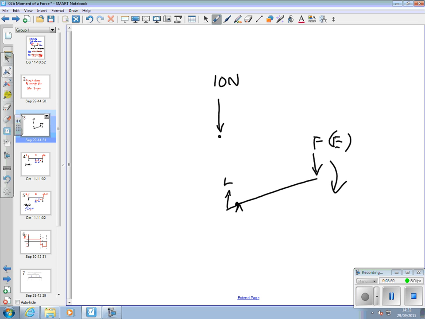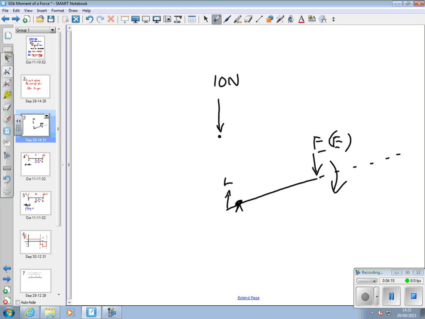I have an effort here that I'm applying. Okay? And I'm sure you've come across this idea before, this sort of machine idea. And the longer the lever, the more effective the thing is. So the effect of the force is to do with not only the size of the force, but also how far we are away from a pivot point. So moments are to do with when we're trying to allow a force to turn something around the pivot.